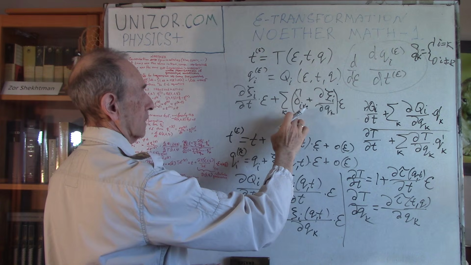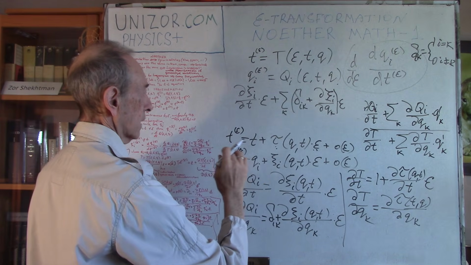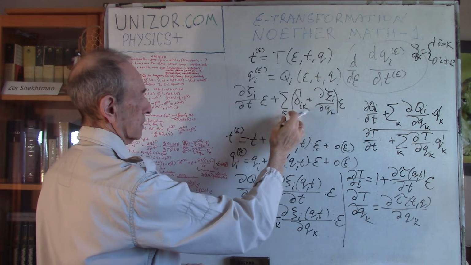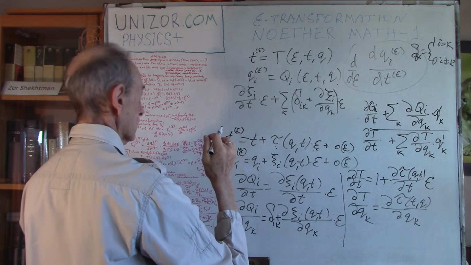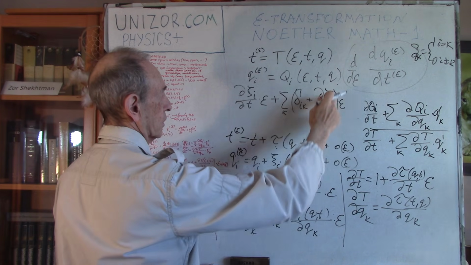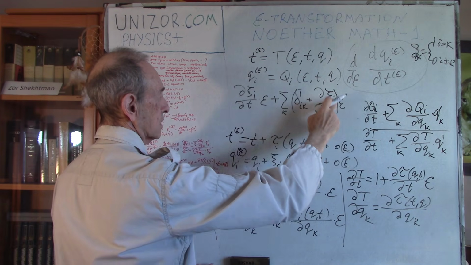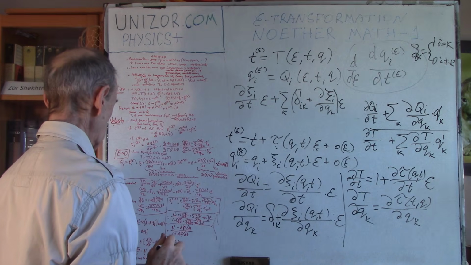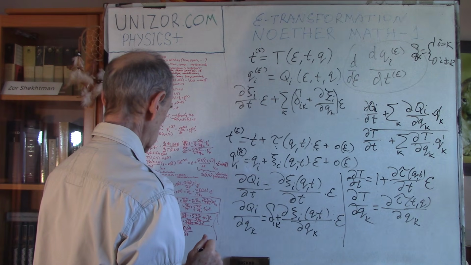So if i is equal to k, the result would be xi by qi in this particular case.